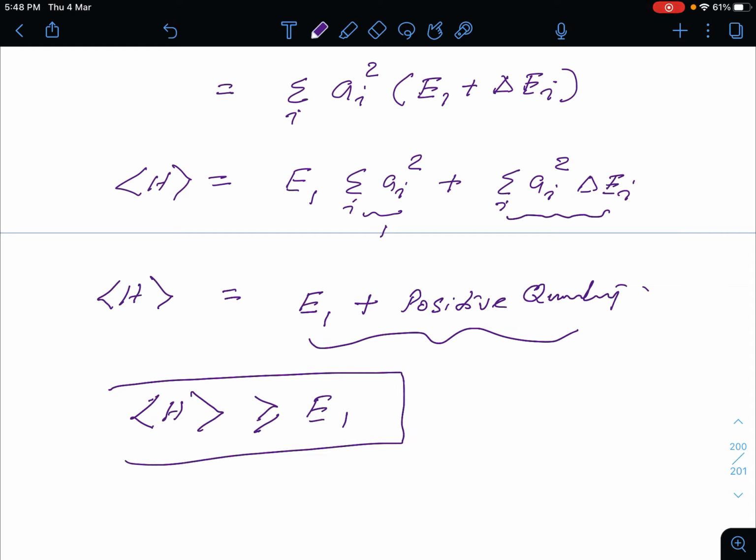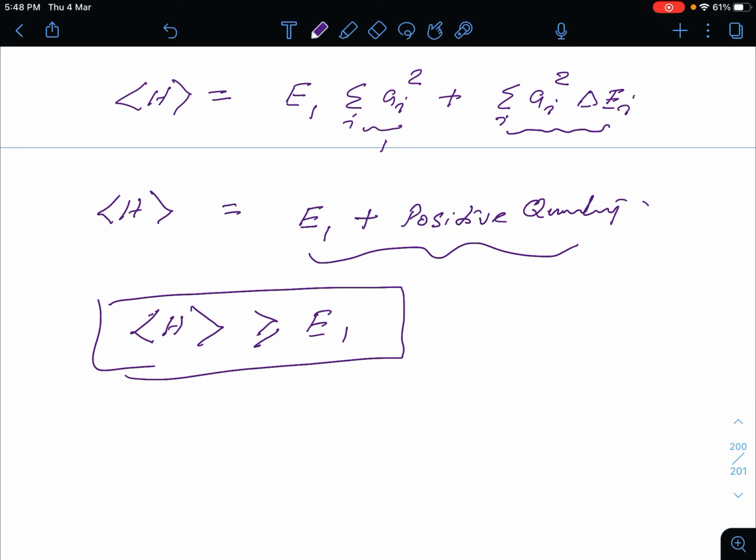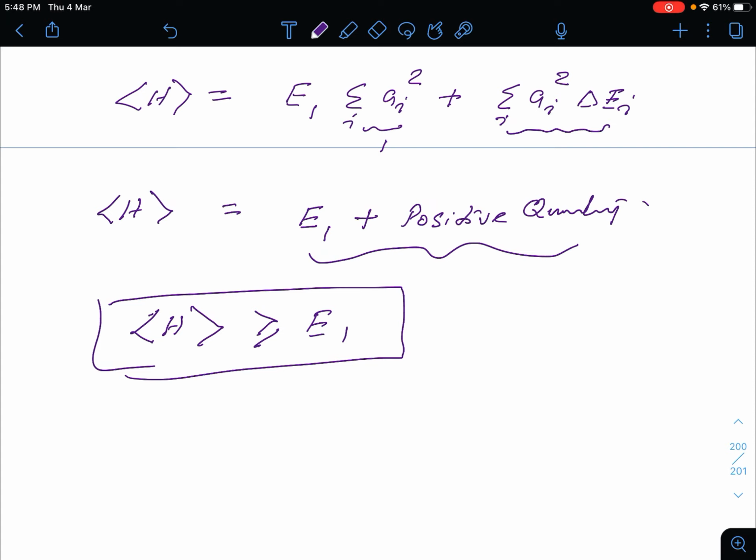H is E1 plus something more, which is at least 0. So the expectation value of H is greater than or equal to E1, the ground state energy. This is usually called the Ritz method, the Rayleigh-Ritz method, or the Rayleigh method, whatever you call it.